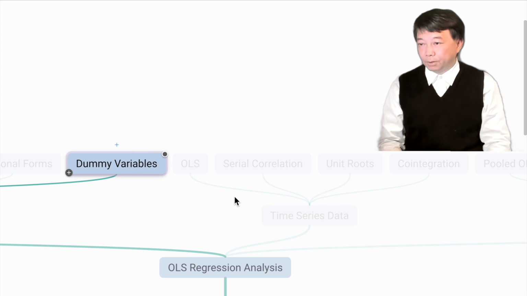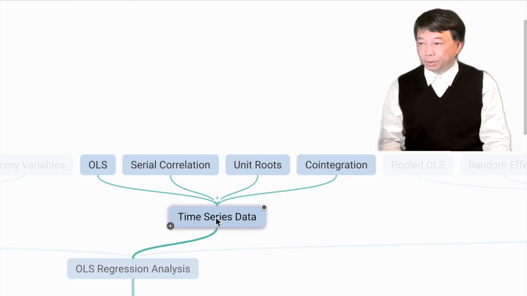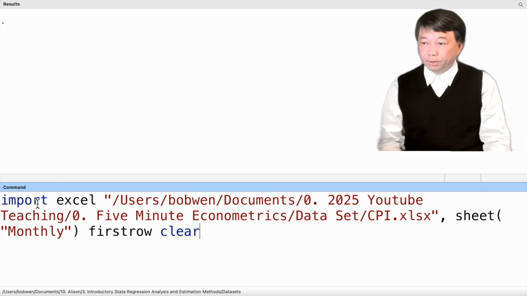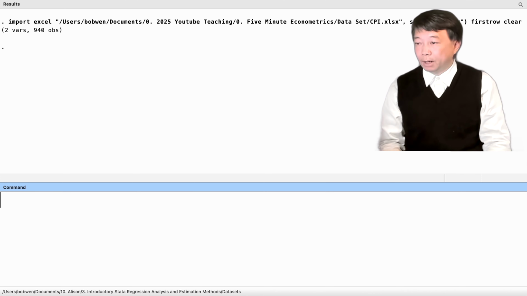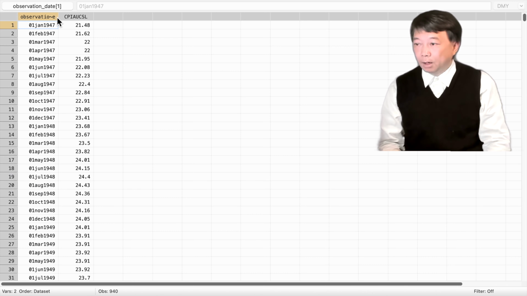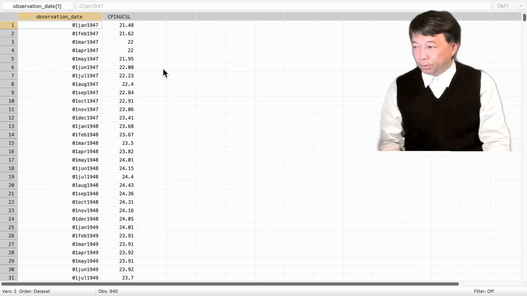The second data structure is time series data, which contains information for a single individual, firm, or country over multiple time periods. For example, consider a dataset of the Consumer Price Index (CPI) for all urban consumers from 1947 to 2025.